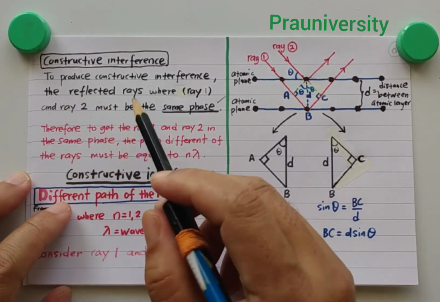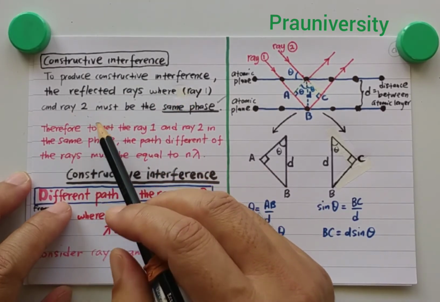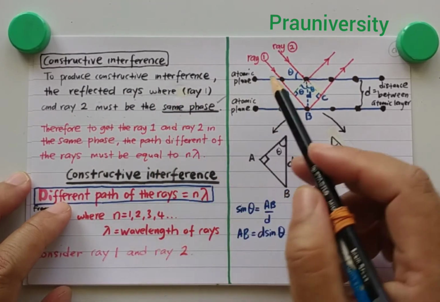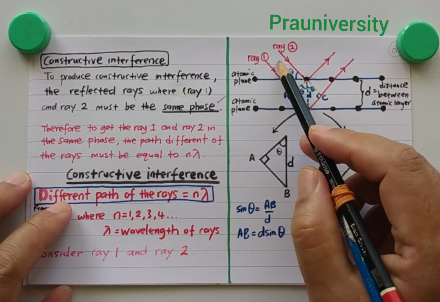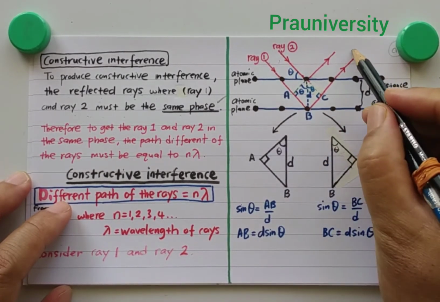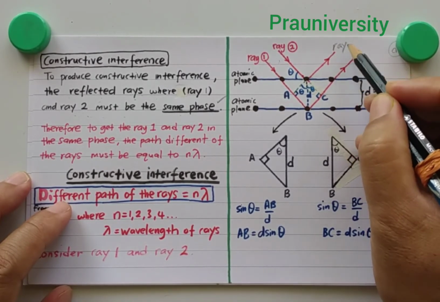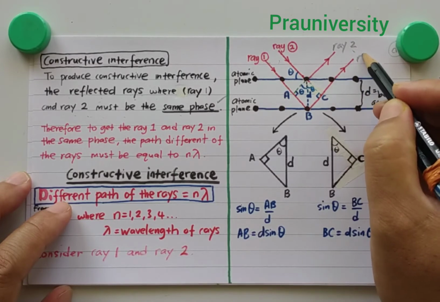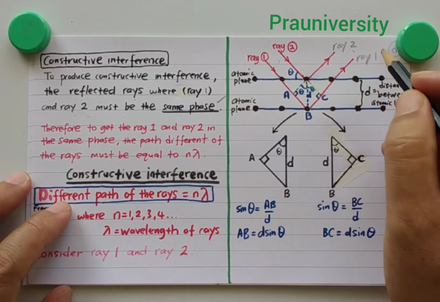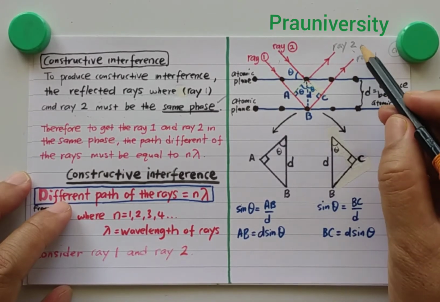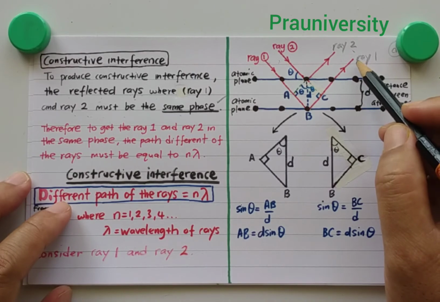Ray 1 and ray 2 here are the incoming or incident rays, and here are the reflected rays. To get constructive interference, the reflected rays, ray 2 and ray 1, must be in the same phase.